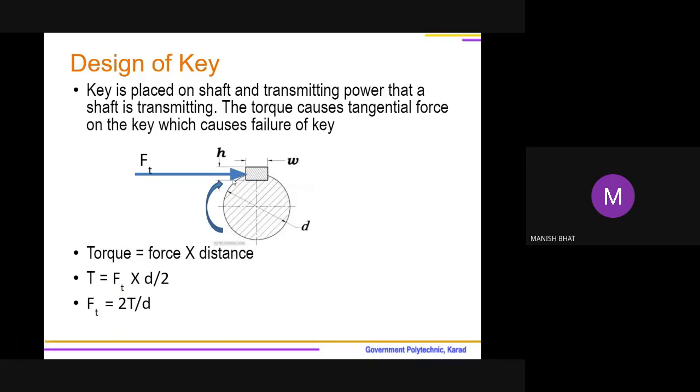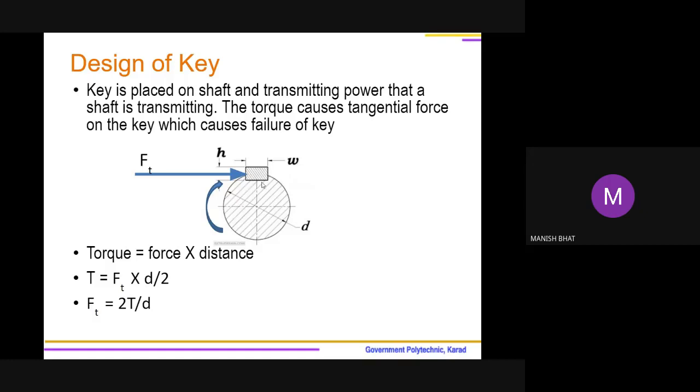Whatever tangential force acts at the shaft will be acting at the key having width W and height H, say. So whenever I want to design the key, we will be considering that Ft is the force acting on that particular key.